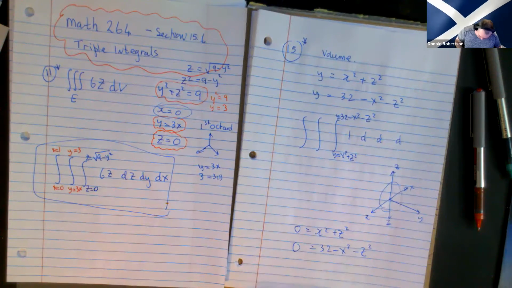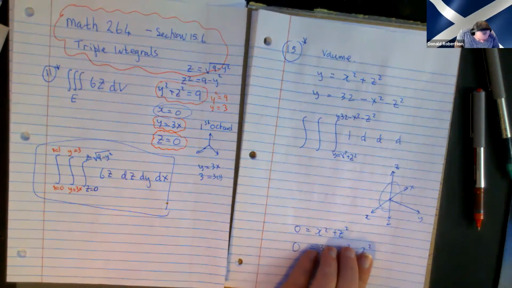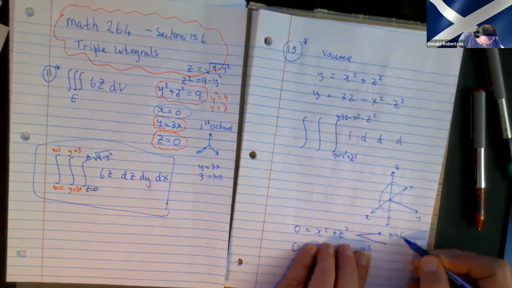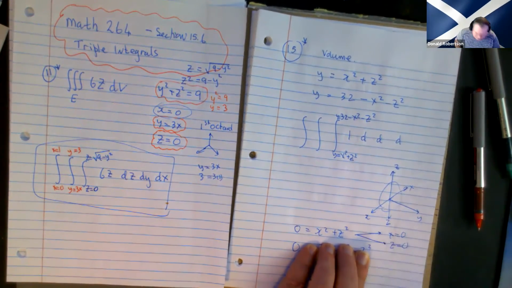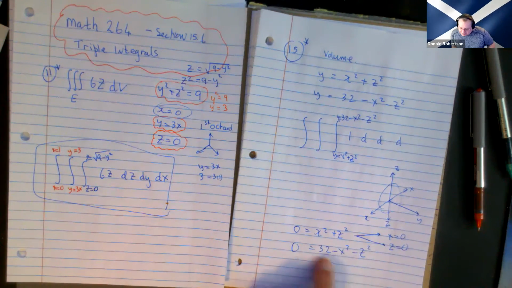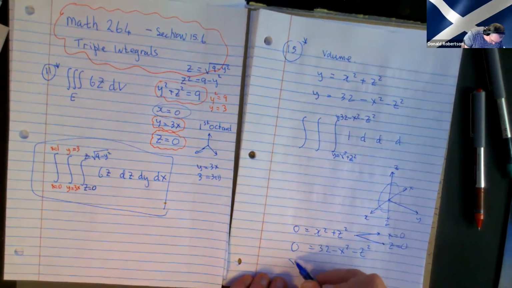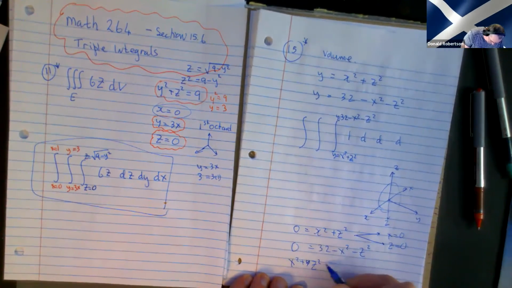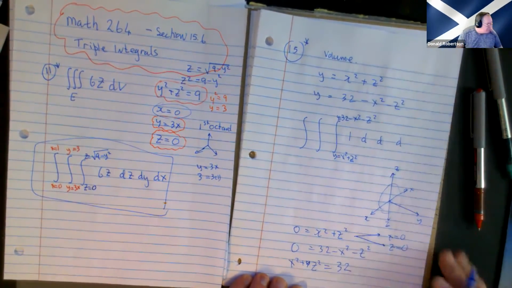Now, I'm going to treat each one separately because you don't know what you're getting. I know what this is telling me. Isn't it telling me x is 0 and z is 0? And this guy, well, isn't he telling me that x squared plus z squared equals 32?